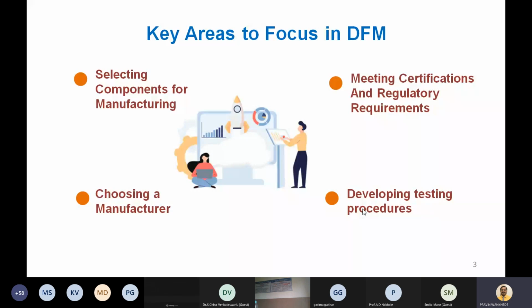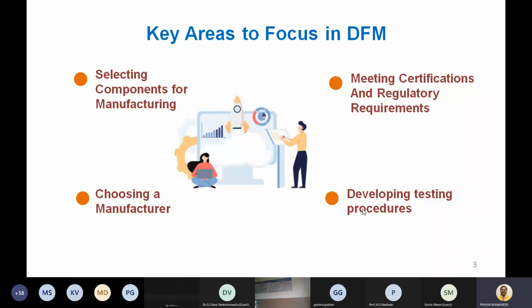And when we think about an IoT product, these key areas are very stringent, because a simple electronic hardware will not have to meet so many certifications or regulatory requirements, but an IoT device has to meet almost all the certification and regulatory requirements, because without them it may not be possible to sell that product in different continents of this world, correct?